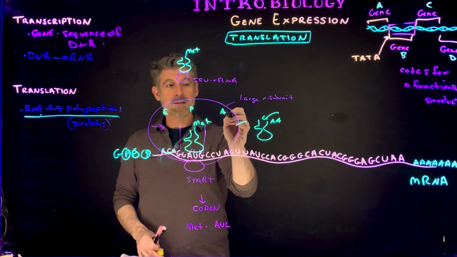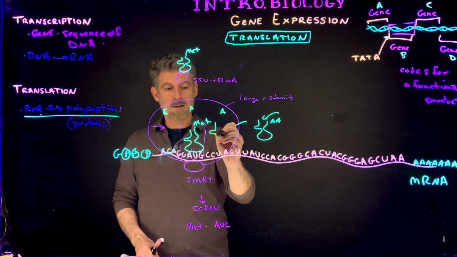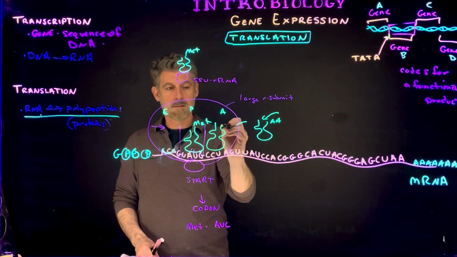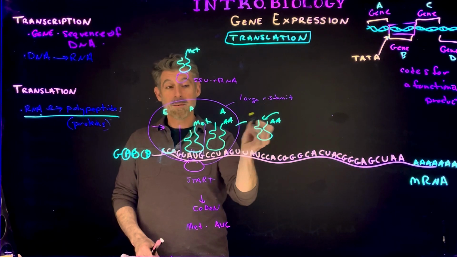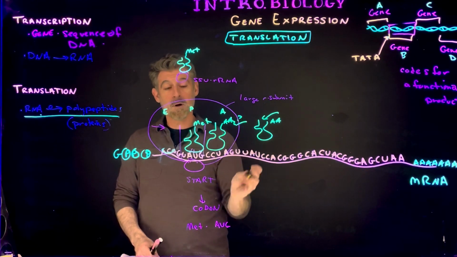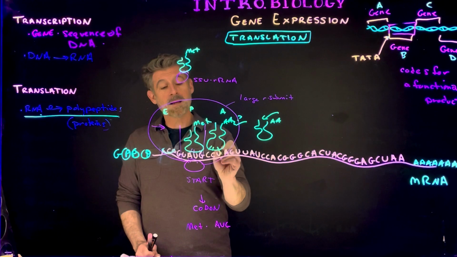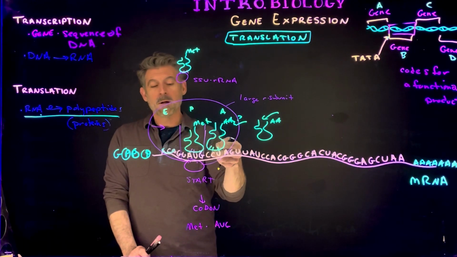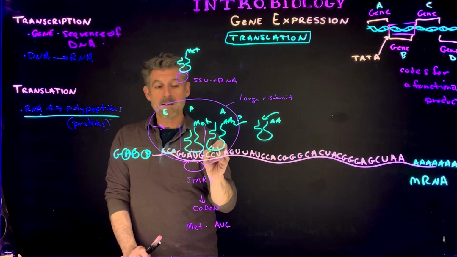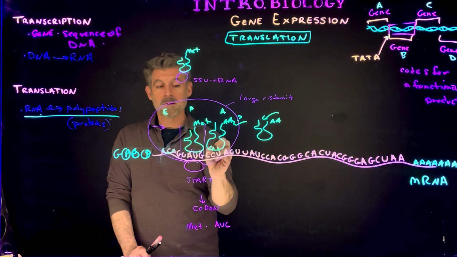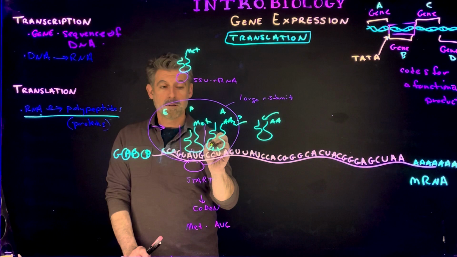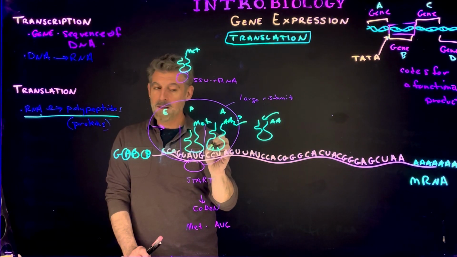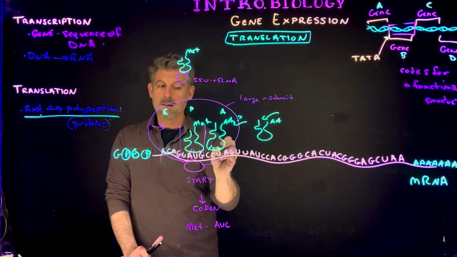So what can happen now is the A site can have a transfer RNA come in. Amino acid, is it amino acid? I'll put number 2 question mark. So in this particular process, they are checking codon with anticodon. So what's the anticodon you need for CCU? In this transfer RNA, it would need to be GGA.